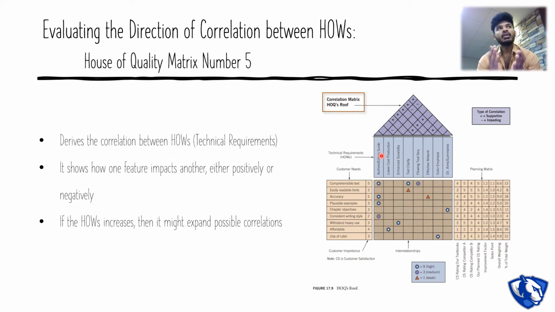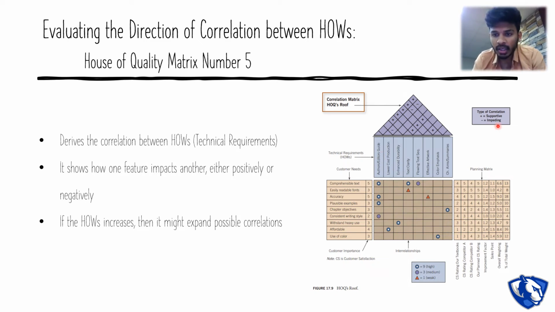Consider if I'm designing a car, one of the attributes is it should be a big car, and another is it should be lower cost. Obviously if you include all the materials, the cost will increase, but what we are expecting is low-cost production. If you increase the size, obviously the cost will increase. So they are negatively correlated.